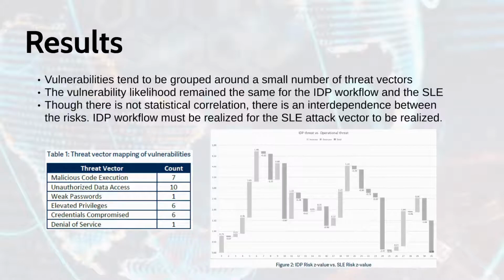This is because the complexity and privilege requirements remain the same, independent of where the attack is targeted, but the impact of the attack is different depending on the asset target. Though there is not a statistical correlation, there is an interdependence between the risks. The IDP workflow vulnerability must be realized for the SLE attack vector to be realized.